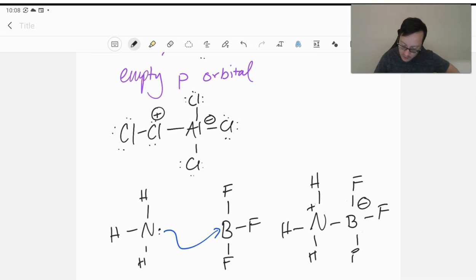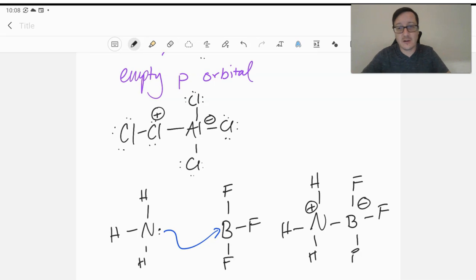And we're going to have some charges here, some formal charges. But we see that the ammonia has donated its lone pair to the boron. The ammonia, therefore, is a Lewis base. The boron trifluoride is a Lewis acid.